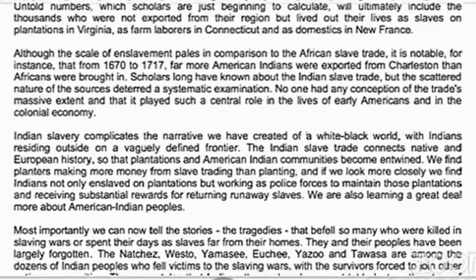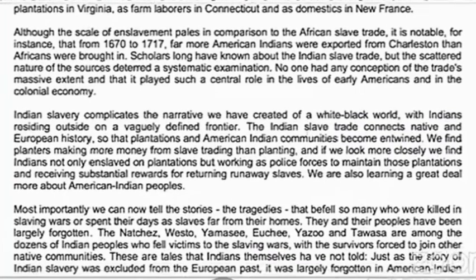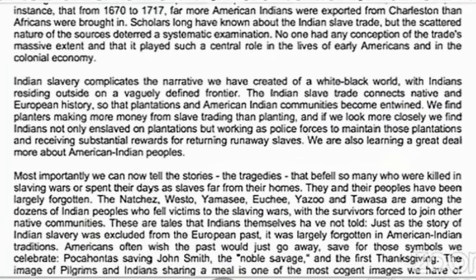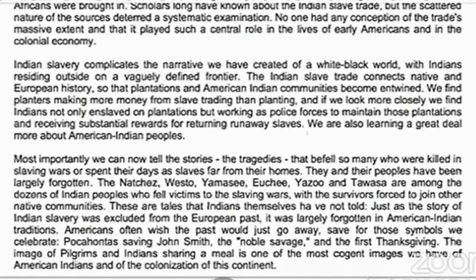Indian slavery complicates the narrative we have created of a white-black world. Again, Indian slavery complicates that narrative. Those are just tags. Of course, it's going to complicate those terms. With Indians residing outside on a vaguely defined frontier, the Indian slave trade connects natives and European history so that plantations and American Indian communities become entwined.